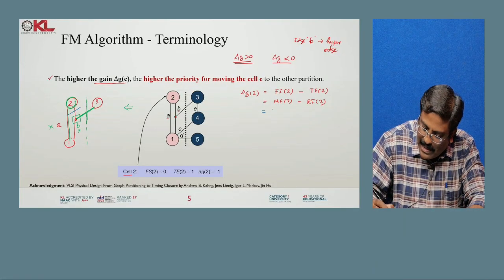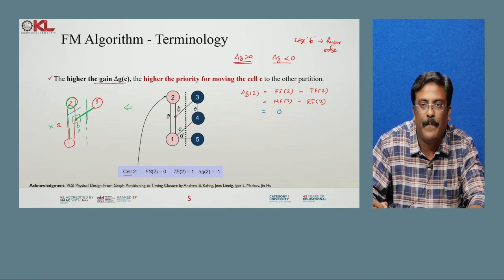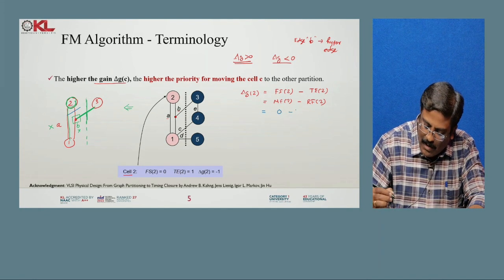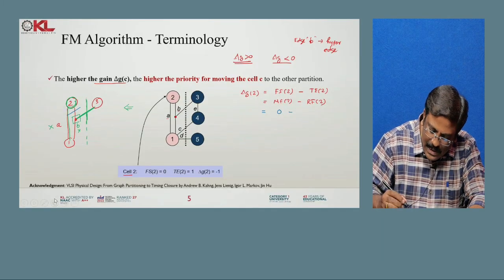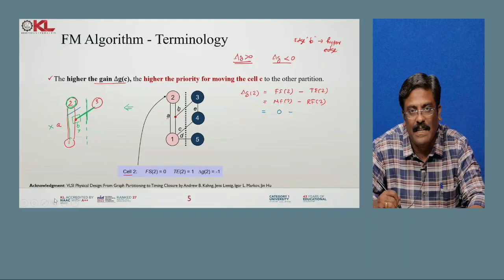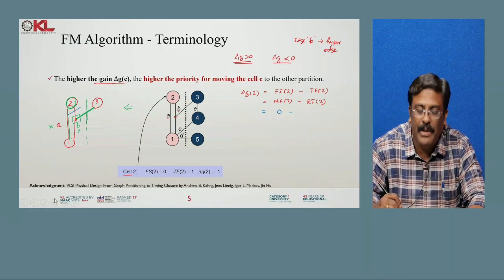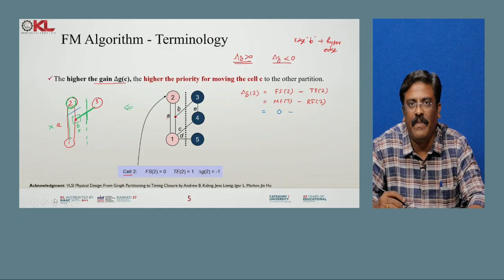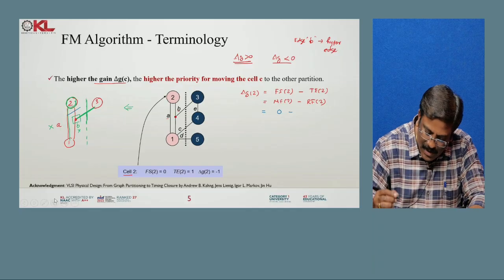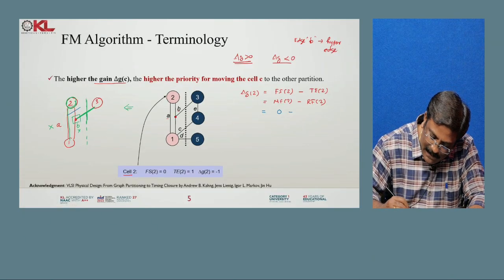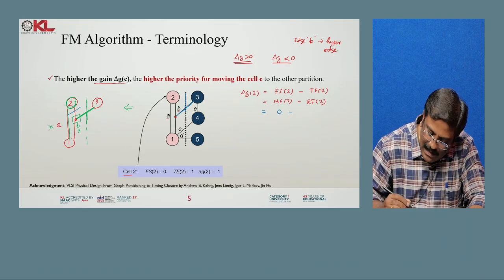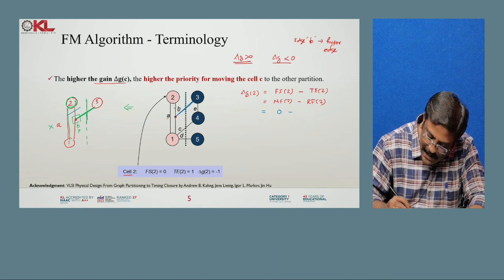So what we can write over here, so that the moving force of 2, the cell, your node 2, becomes 0, minus, then what about your retention force? The retention force talks about the number of edges which is cut by the cut line, and it is not going to worry about whether it is connected within the partition or connected from one partition to another partition. So accordingly we can witness that this cut line is cut by this particular edge B, which is equivalent to it cutting over here also.